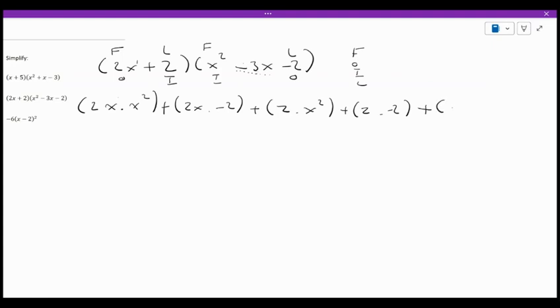So we have to cater for that: 2x times negative 3x plus 2 times negative 3x.